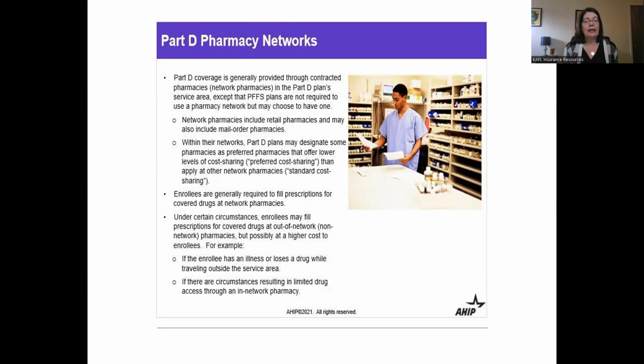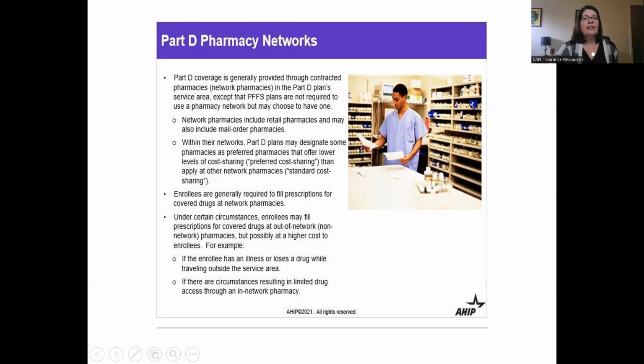And again, I didn't realize that different pharmacies can charge such a different amount for the same drugs. So there are situations where someone can fill a prescription at an out-of-network pharmacy, but possibly at a higher cost. And that can be if someone is traveling outside the service area, or there's some sort of limited drug access through in-network pharmacies.